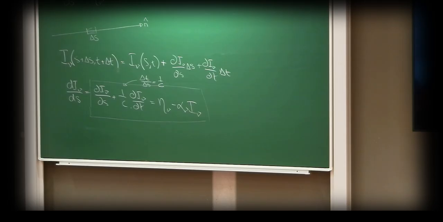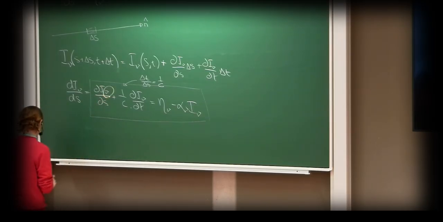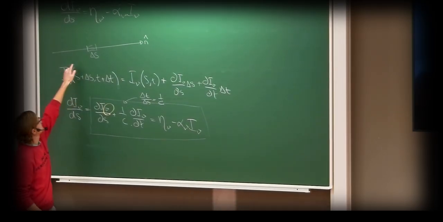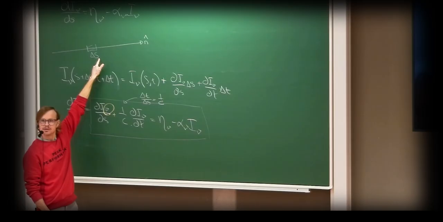So before we move on with what this ds really is, I wanted to make one remark here, and that is, you see we have the ν here. So essentially, what I've done here is that I've assumed that the frequency ν does not change, right?